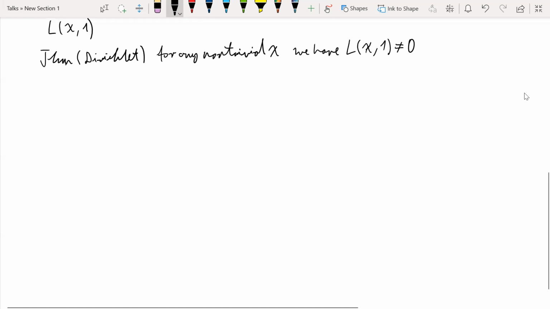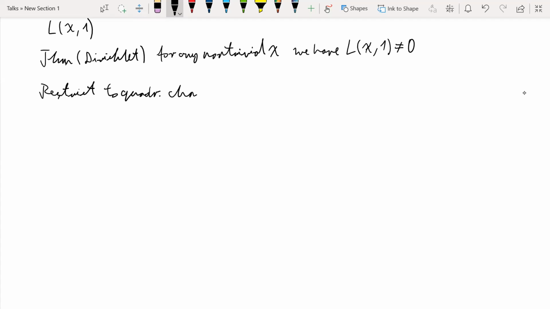So for simplicity, and because this is where most interesting arithmetic will be happening, I will be restricting to characters called quadratic characters, which means that chi of n will belong to 1, 0, or -1. So it will be non-trivial, but it can only take value -1 apart from 1 and 0.